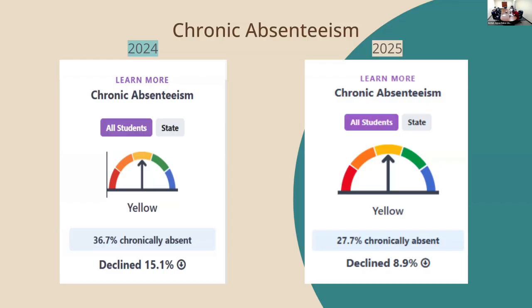So our rate is lower, which is good. So you can see last year in 2024, our chronic absenteeism rate was 36%, and we had a decline of 15%. So we are still moving in the right direction. We didn't go as far this time, but that's because our chronic absenteeism has dropped. So as we continue to move to getting more kids at school, the percentage will decrease.